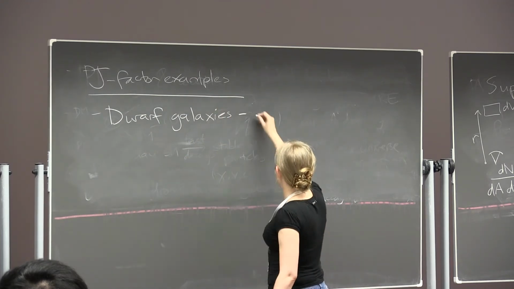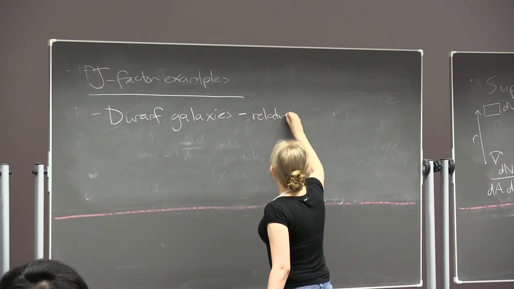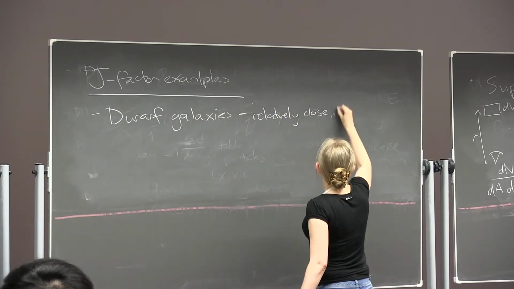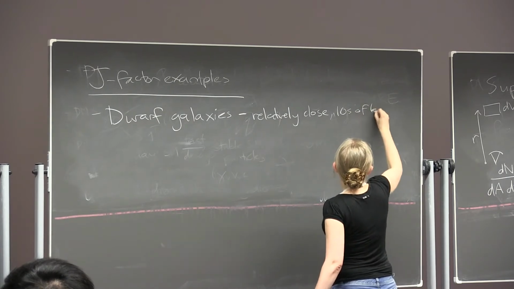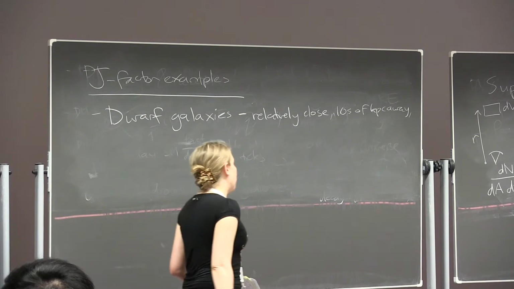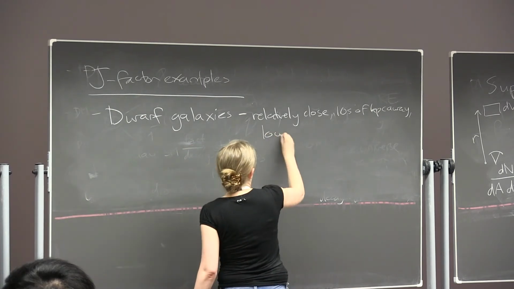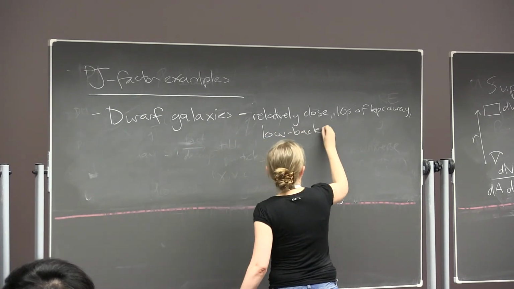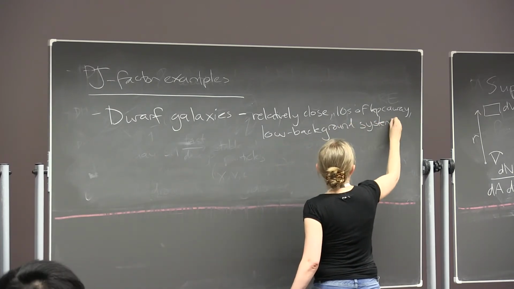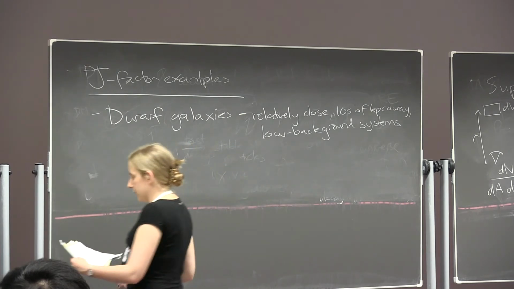They have a high dark matter content. And most importantly, they have very few baryons. So they're low background systems. The backgrounds are fairly minimal.